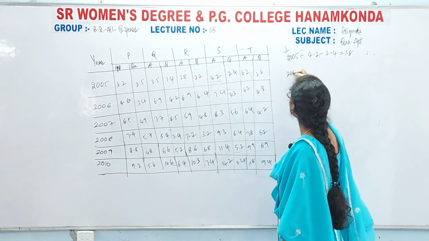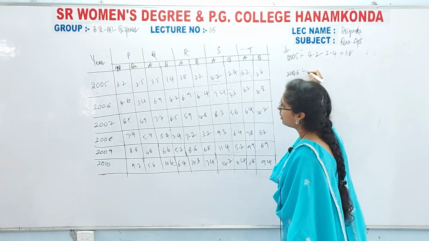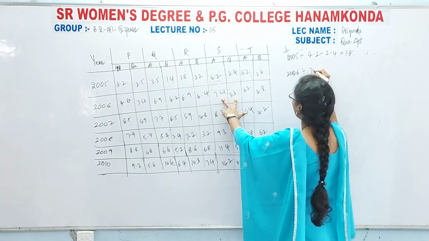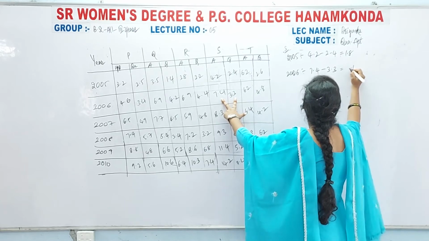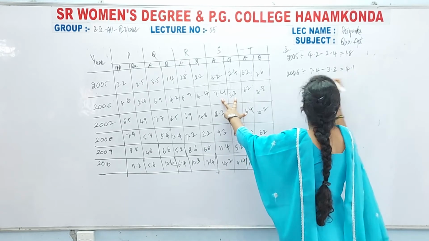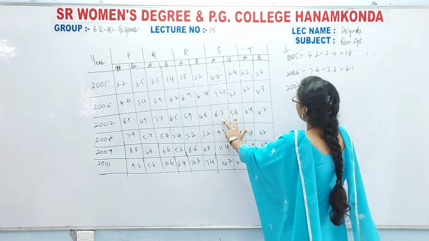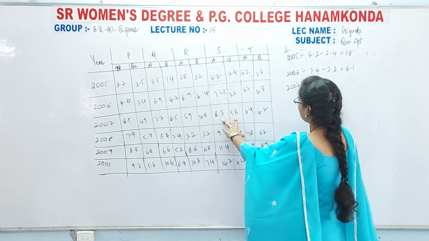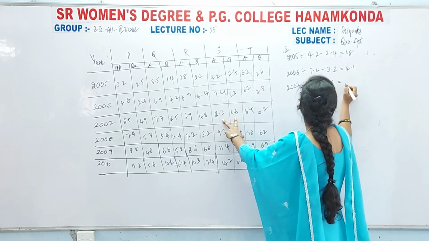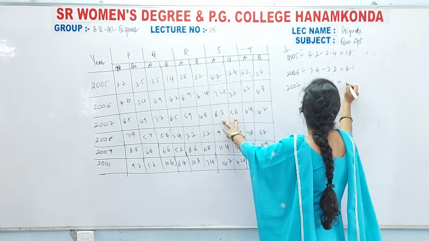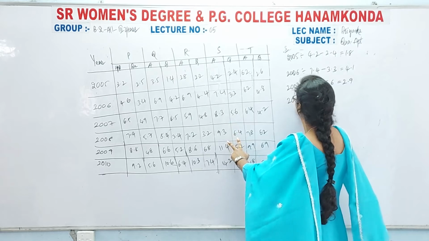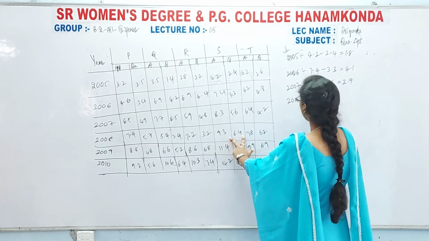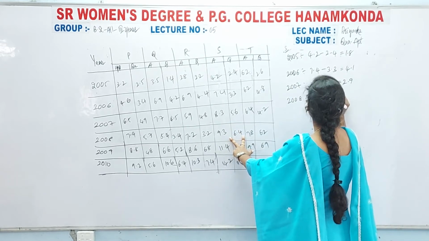So in 2006, 7.4 minus 3.3, that is 4.1. Next in 2007, 8.3 minus 5.6, that is 2.7. 2008, 9.3 minus 6.4.